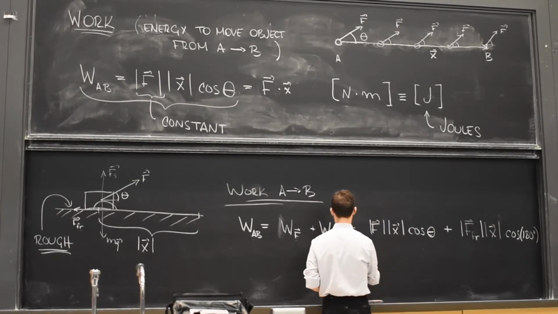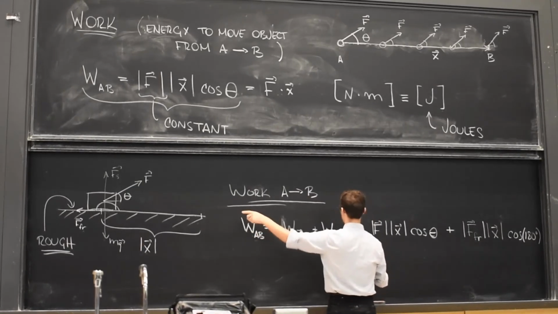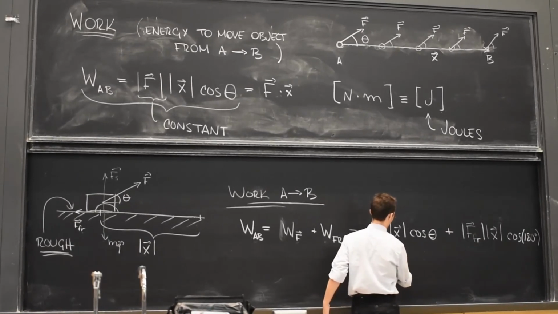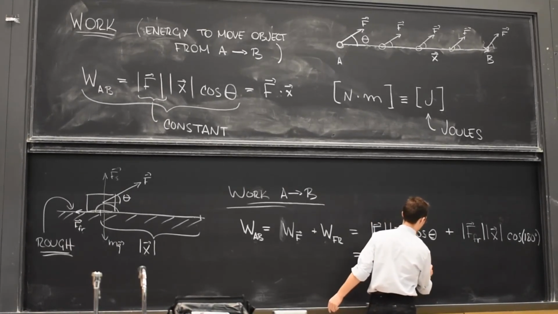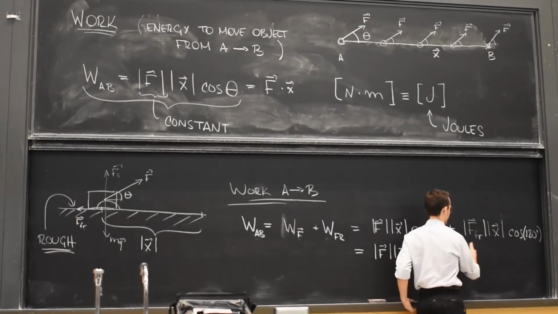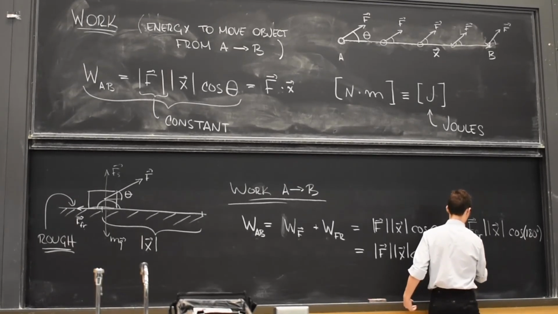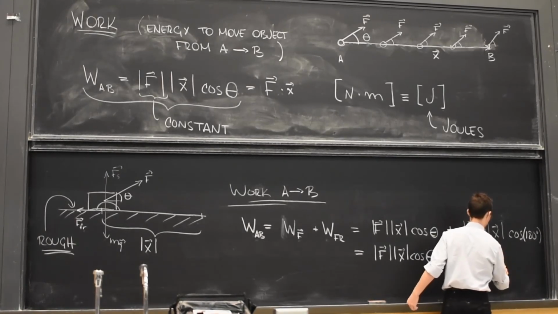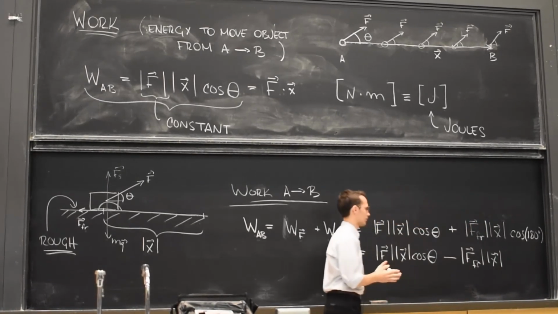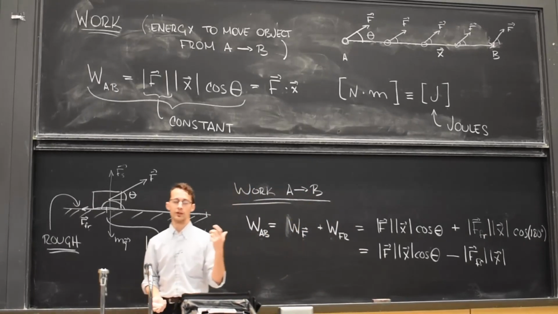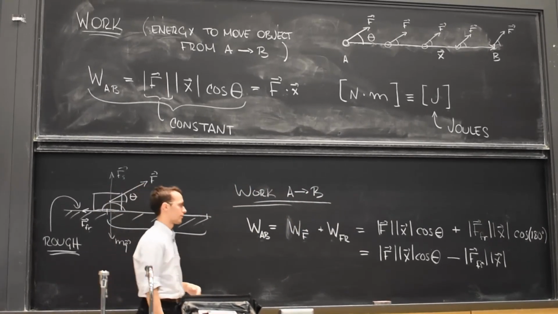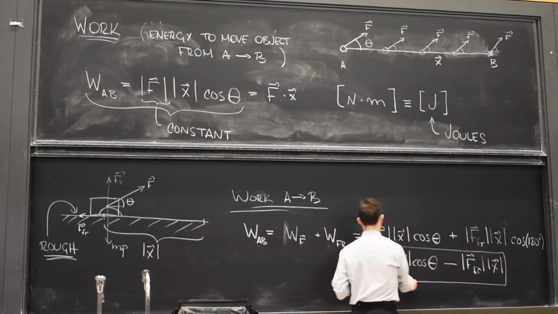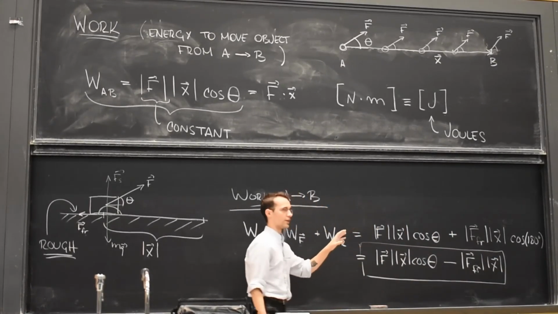Which means that our total work, now that we're introducing friction, is going to be the 25 that we found before, but now minus some number. So you can have negative work done, right? And it's not just friction that does negative work.